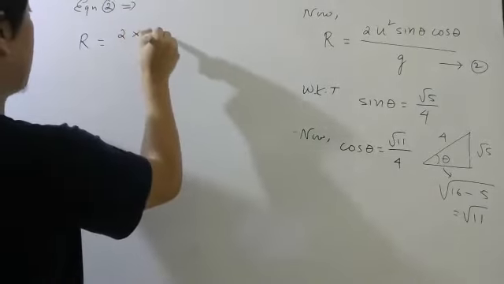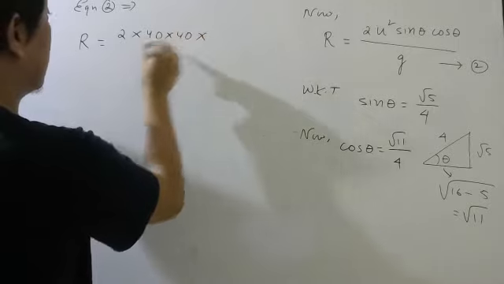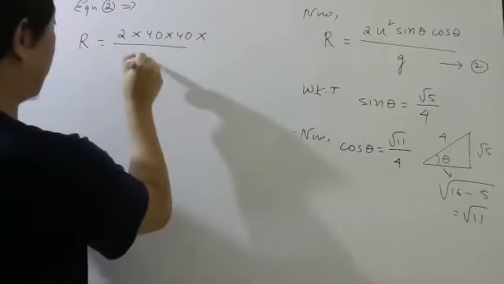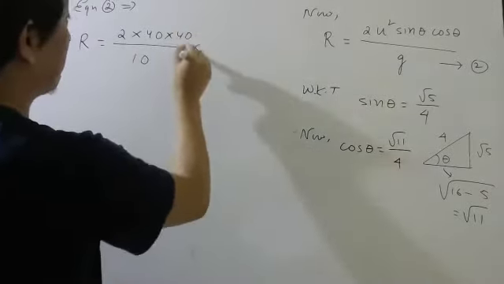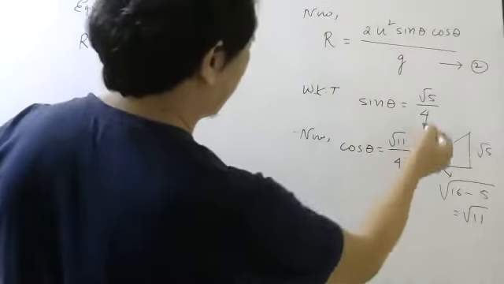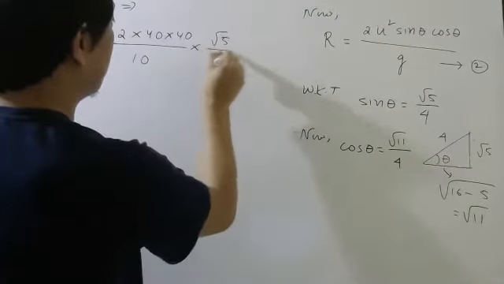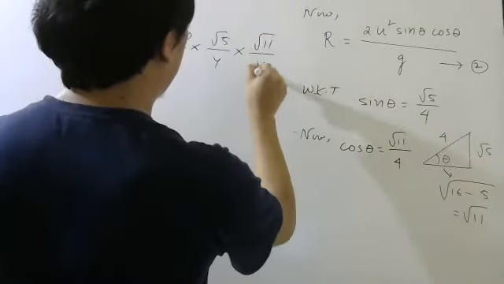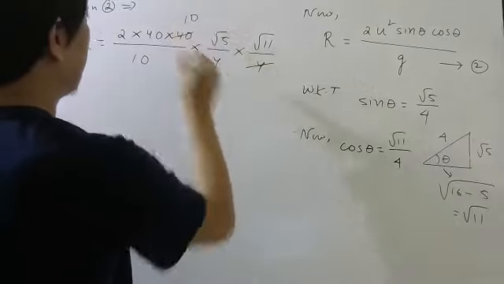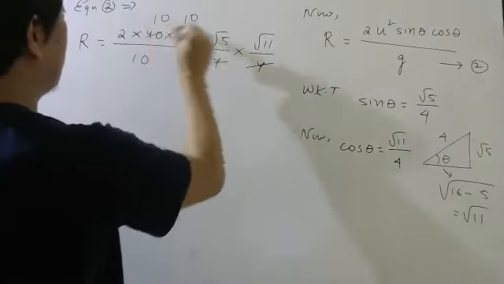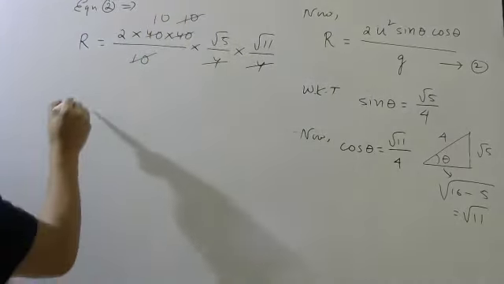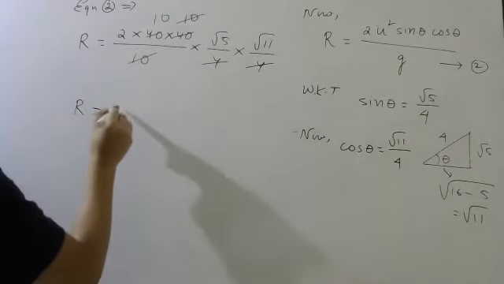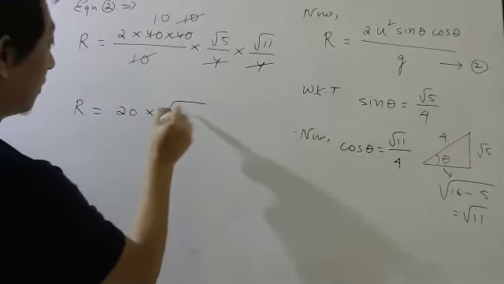So 40 times 40 divided by g, I am taking 10 in this problem. Sin theta is root 5 by 4, and cos theta is root 11 by 4. 4 tens are 40, 4 tens are 40, 1 ten will cancel. So range will be 2 tens are 20 into root 55.